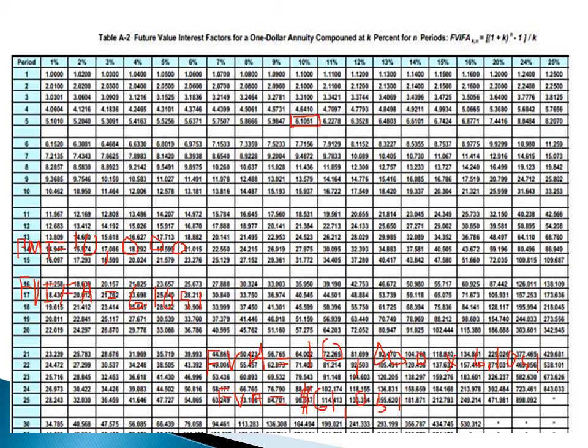So our payment, which is 10,000, multiplied by our future value interest factor of an annuity, which is 6.1051, is going to equal $61,051. So the future value of this annuity over the course of a 5-year span at 10% interest with a $10,000 payment is going to be a value of $61,051.